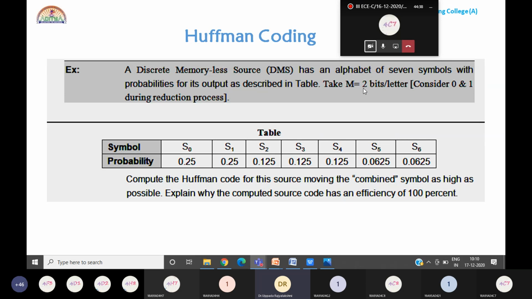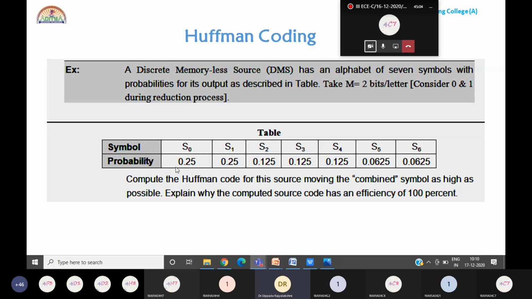So here they have given you the reduction value or the combining factor as 2. So that's why during this reduction process or combining process, you have to combine the last 2 terms, and assign 0 to the last but one term and 1 to the last term.